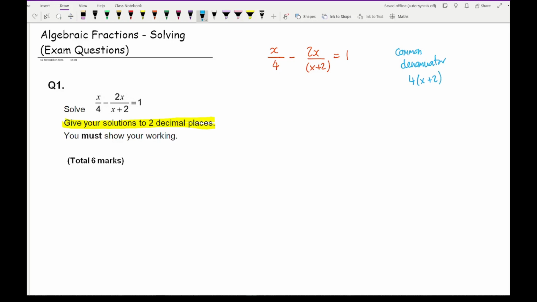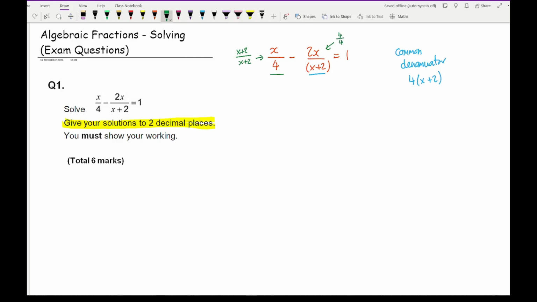Now in order to get that common denominator, I need to multiply the first fraction by the second denominator, and I need to multiply the second fraction by the denominator in the first one. So I'm going to multiply this by x plus 2 over x plus 2, and in this second fraction I'm going to multiply that by 4 over 4.